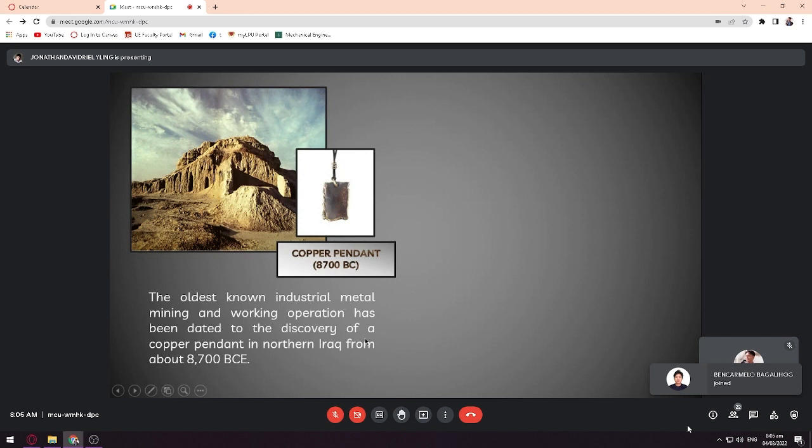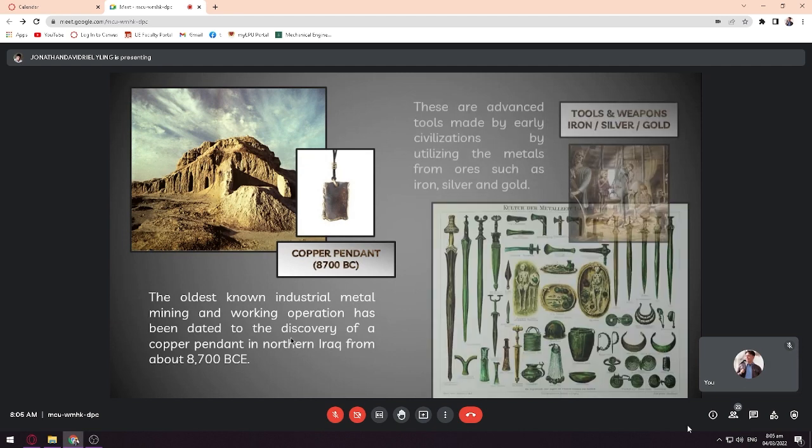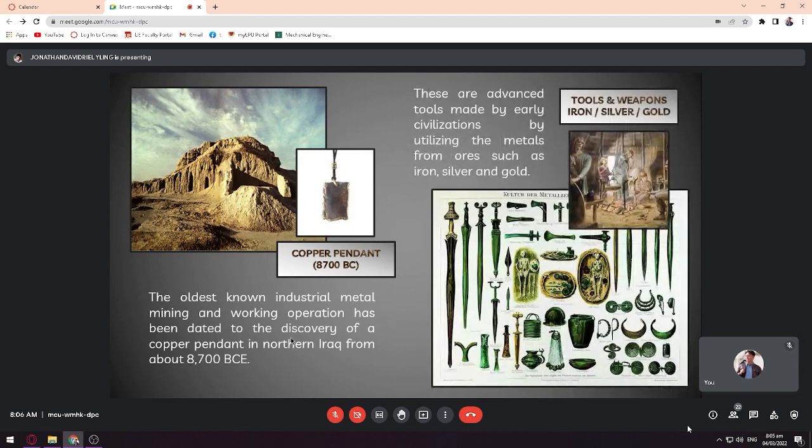Known industrial metal mining and working operation has been dated to the discovery of a copper pendant in northern Iraq from about 8700 BCE.